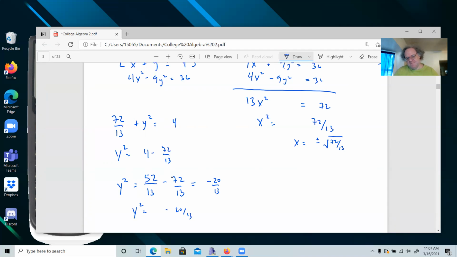You say, wait a minute, y squared should be a positive number. What's going on here? So what's happening here is there is actually no solution because your y values are not real values. Okay, so we end up with no solution here. All right. So let's double check it with graphing it and see whether or not this actually works out.